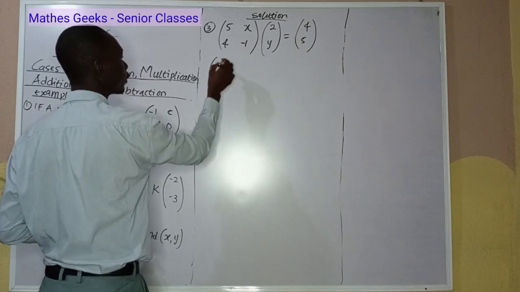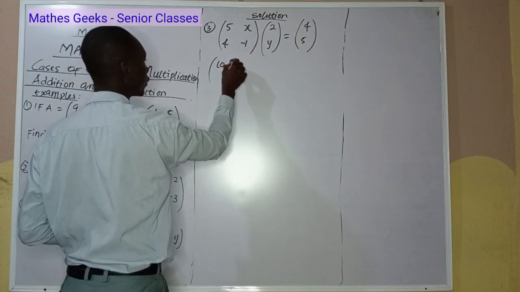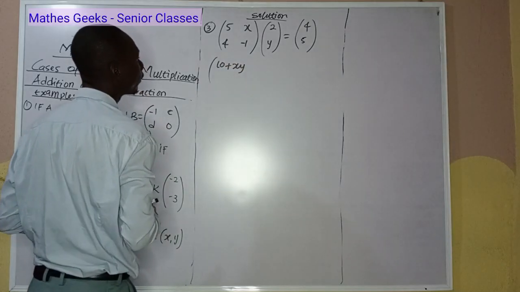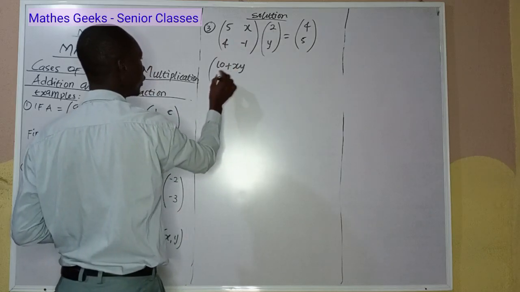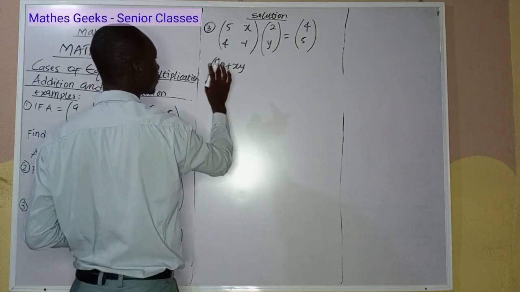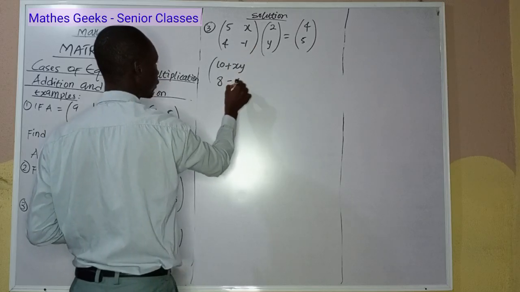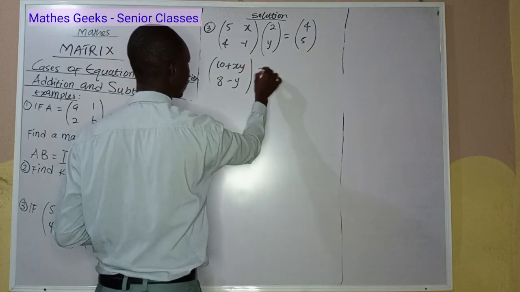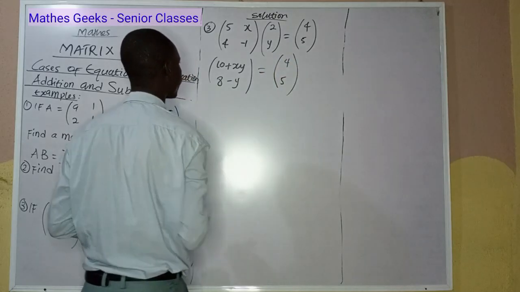So 5 times 2 is 10, plus x times y gives plus xy. 4 times 2 is 8, and then minus 1 times y gives us minus y. This is equal to 4, 5.